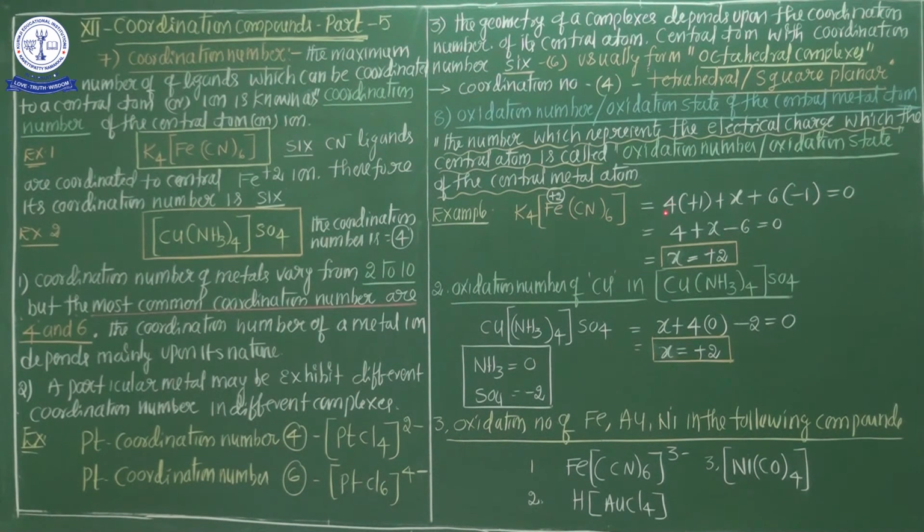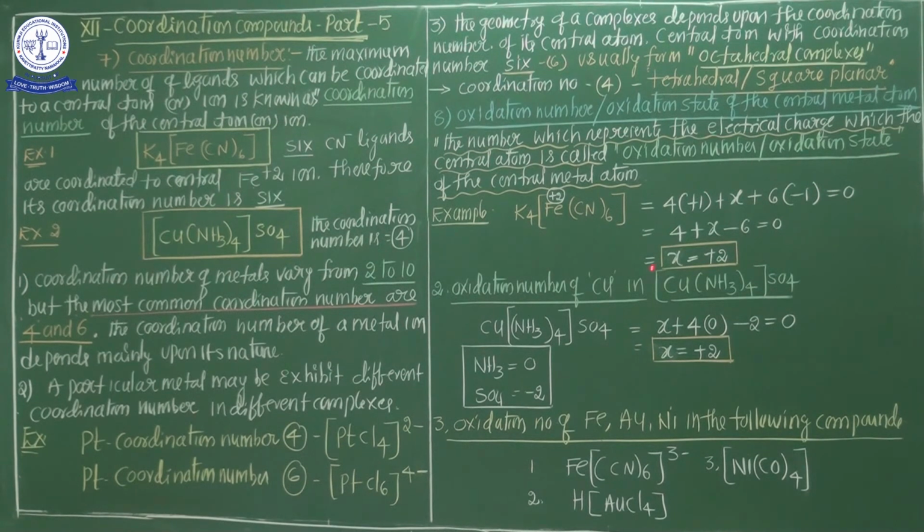So now see, 4 into +1 plus X plus 6 into -1 is equal to 0. Hence 4 plus X minus 6 is equal to 0. X is equal to +2. The oxidation state or oxidation number of the iron, the central metal ion, is +2. You know how to calculate oxidation state? The same concept you already studied in 11th standard redox reactions.